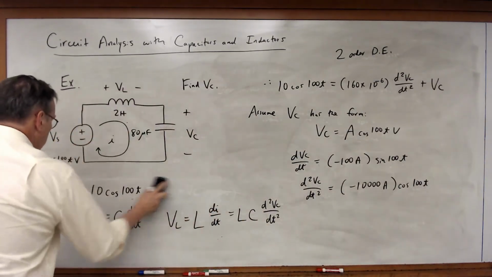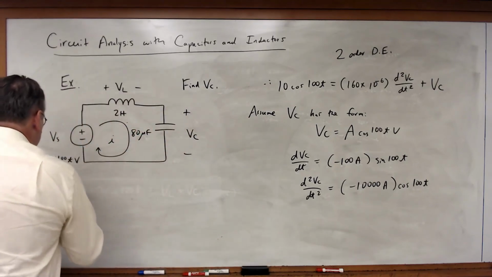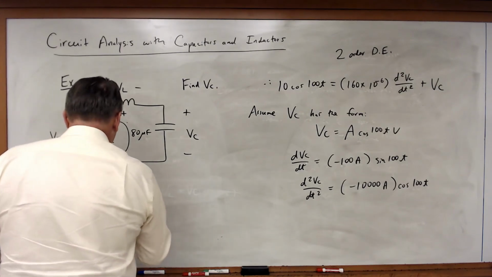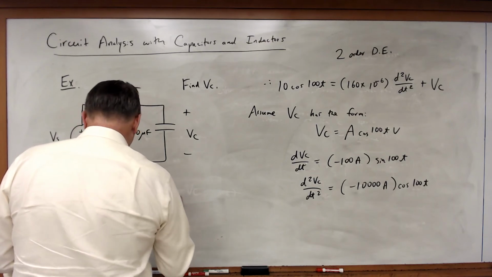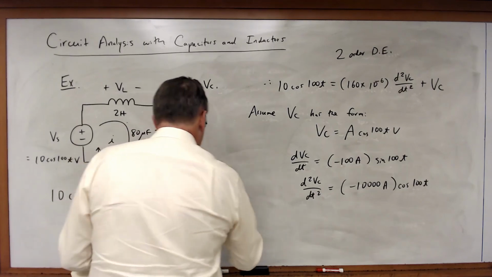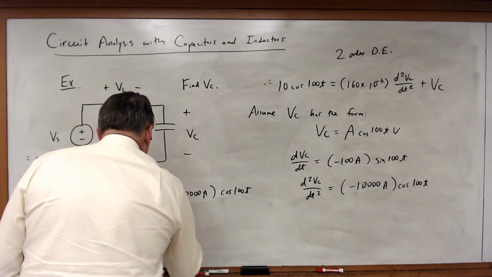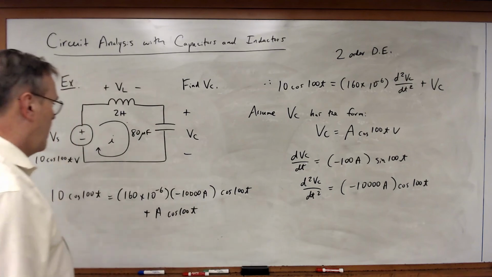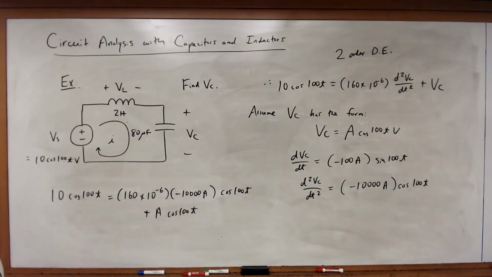And so what we're going to get is that 10 times cosine 100t is equal to 160 times 10 to the minus 6 times minus 10,000A times cosine 100t plus A times cosine 100t. So I've just substituted my second derivative term back into this.